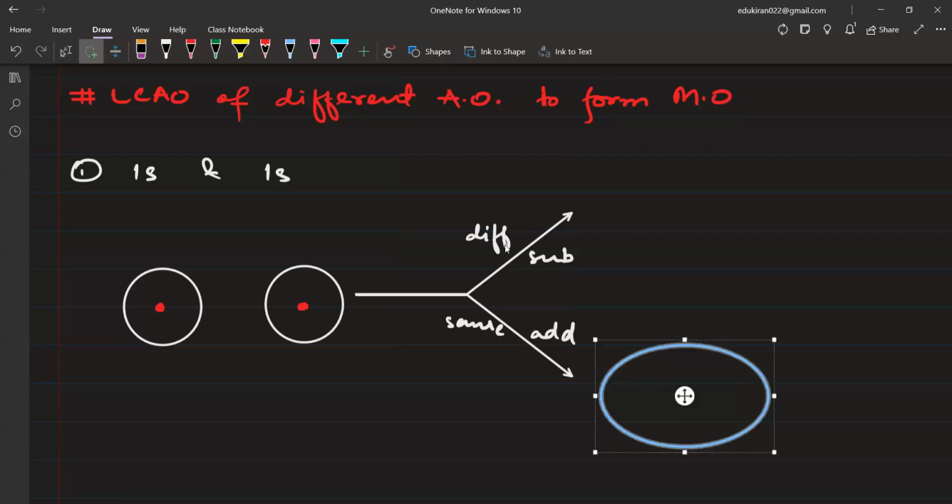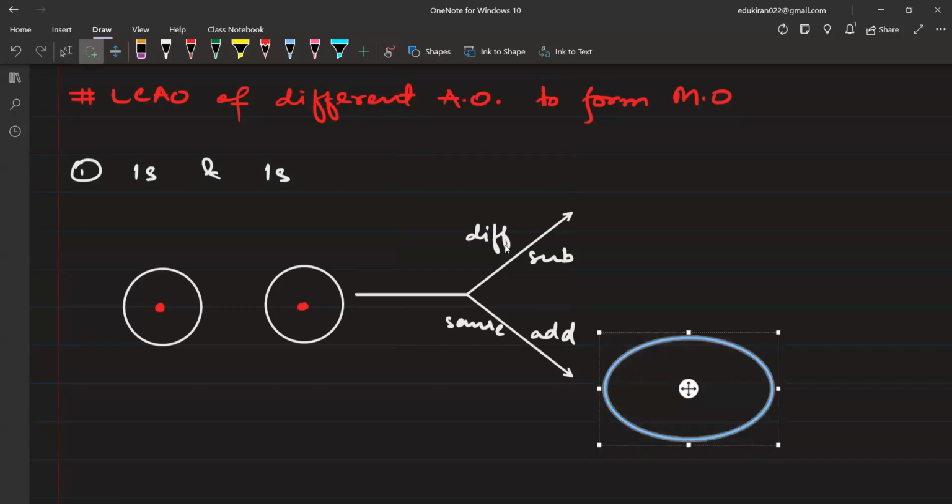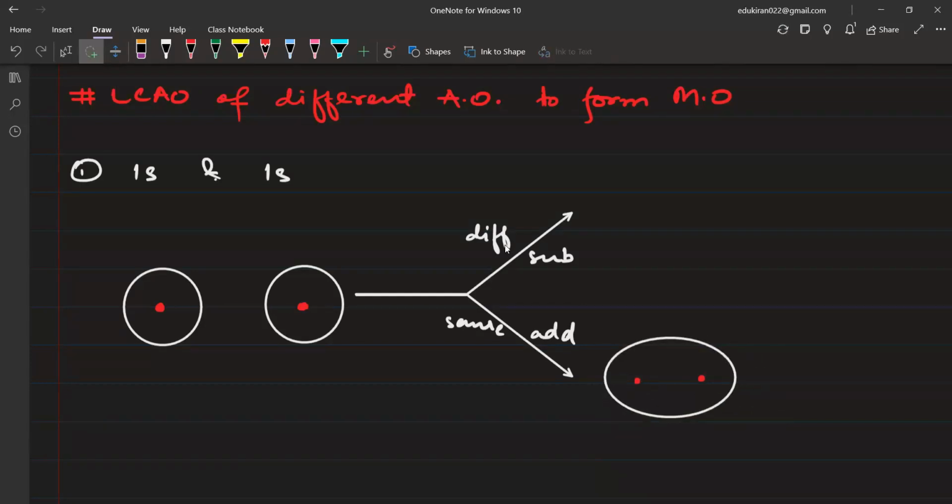In between they have a lot of electron density, and this is also in white, and the nuclei are here. So this is electron density in between, and this is the bonding molecular orbital.